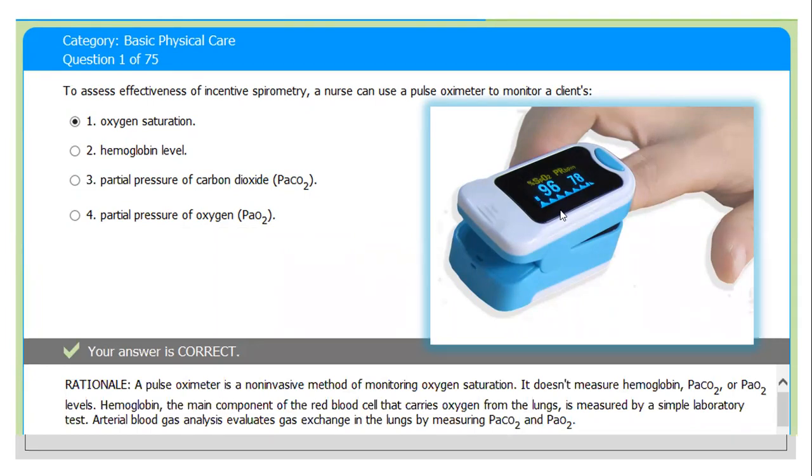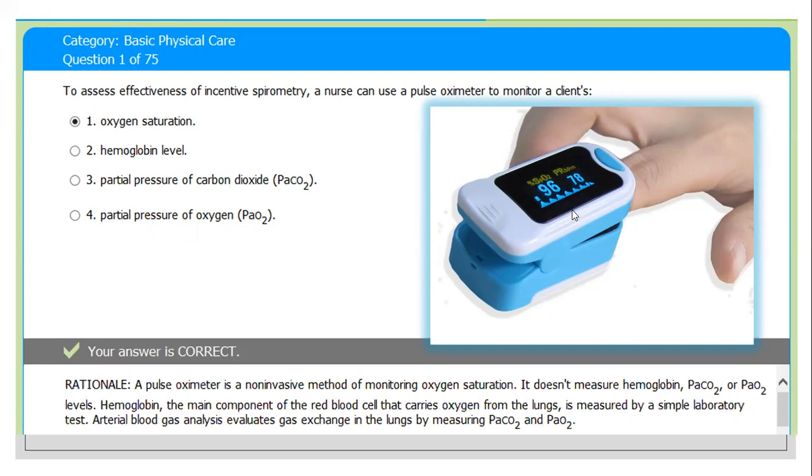A small, simple device. We do not need any preparation to check the saturation of oxygen or for this test. If your patient has nail polish, it should be removed before going to this test, right?